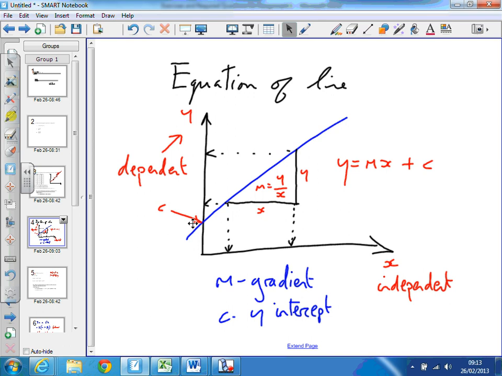If the gradient turned out to be 3, for example, and the y-intercept turned out to be 5, then I could write that y equals 3x plus 5. And that would be a formula that would allow me to calculate y given x.